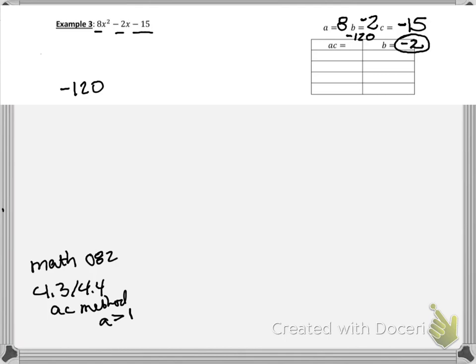So that means that, for example, I probably wouldn't want to pick -2 times 60 because they're very far apart. I want to find numbers that are very close together. So let's see, what else goes into 120? Well, we have -20 times 6.